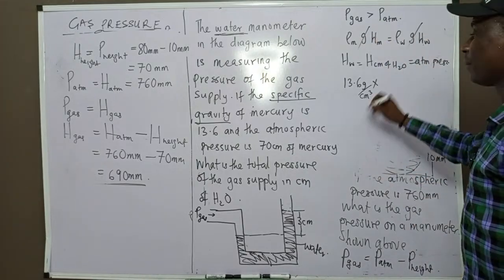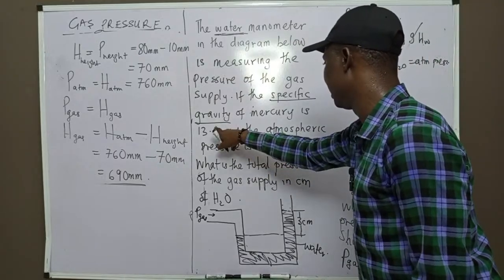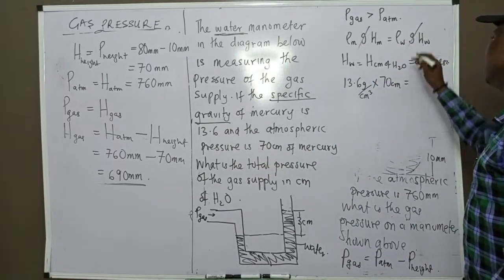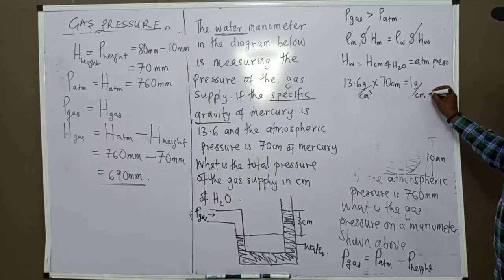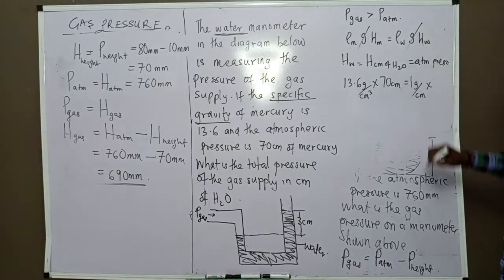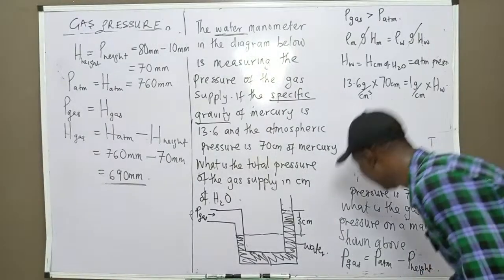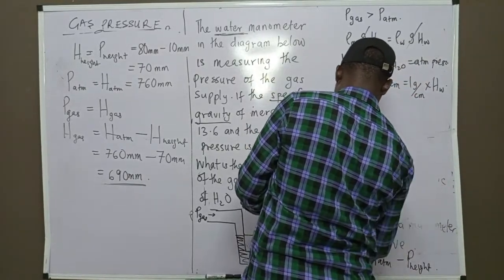Then the height of the atmosphere due to this mercury is 70 centimeter. Then the density of water is 1 gram per centimeter cube times the height of water, which is unknown. Now what we want to do is to solve for that. Once we can get that, it is very easy.